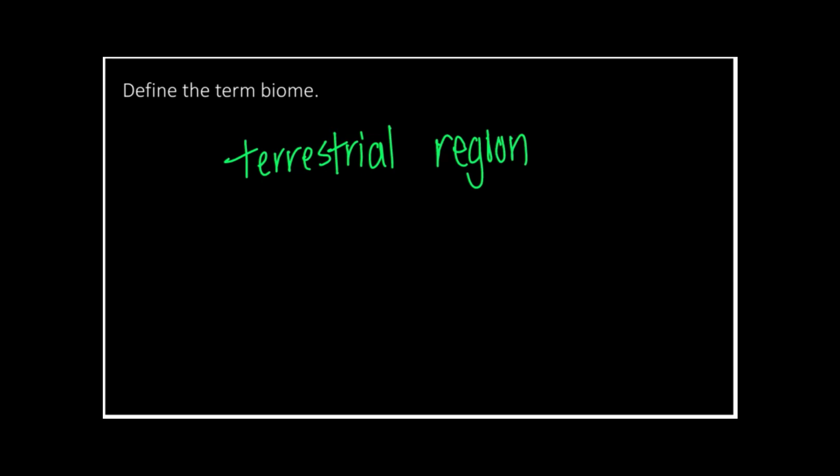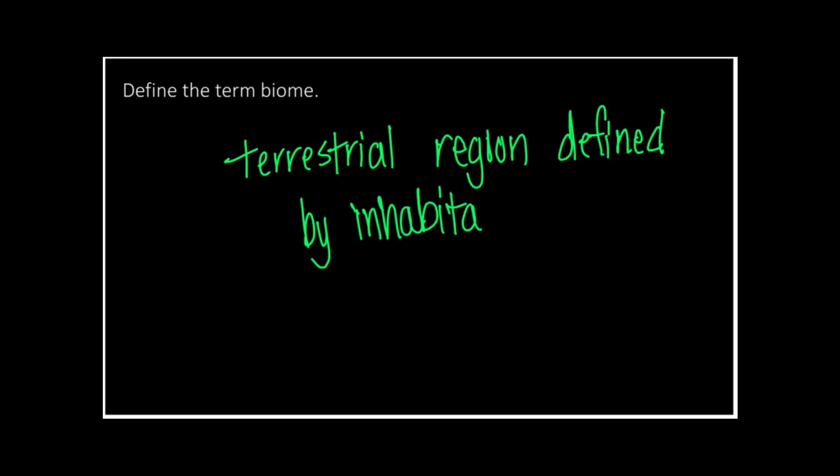A terrestrial region defined by inhabitants and climate. So typically, there are these areas of the earth that have similar climate, which means temperature and rainfall, and they tend to have similar plants, which then attracts similar animals.